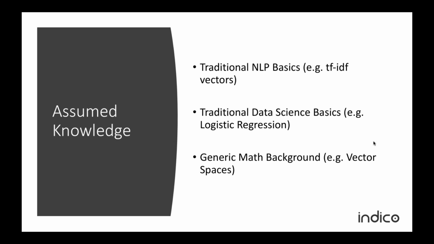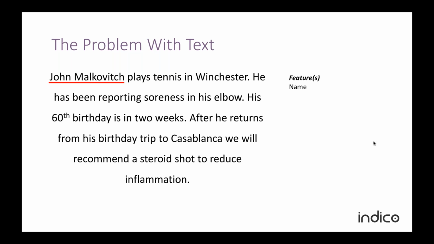Most of the models we'll be presenting are based on a logistic regression, just because we really want to center on the transfer learning problem here, and some generic math background. We're going to be talking about vectors. It shouldn't require a huge amount of pre-assumed knowledge, but there will be some pieces that really do rely on these pieces of background. So without further ado, let's get right into it. Really where we want to start is on the problems with text.